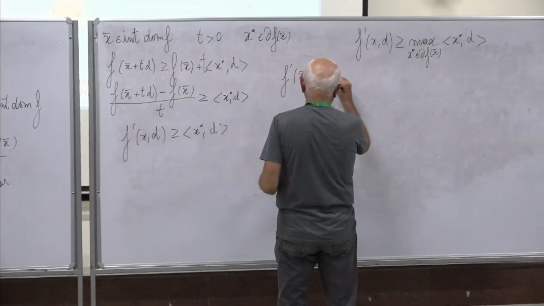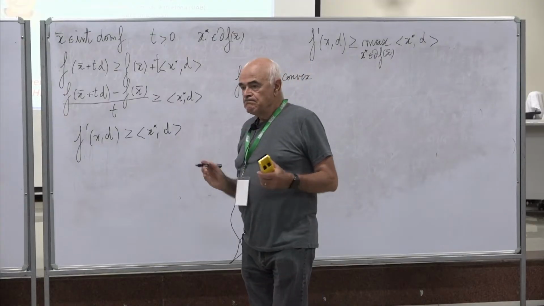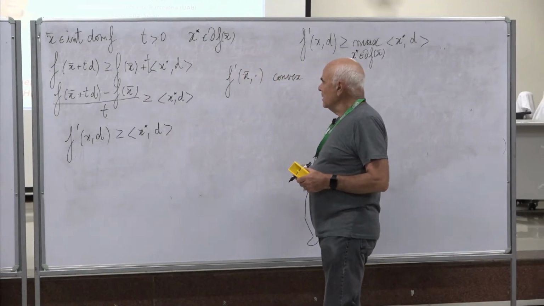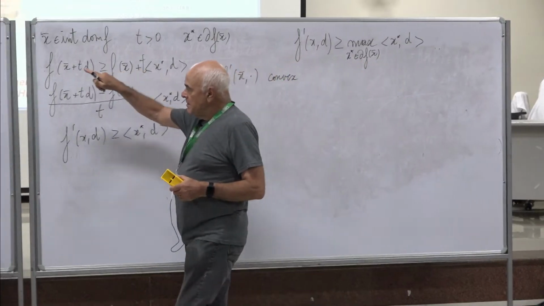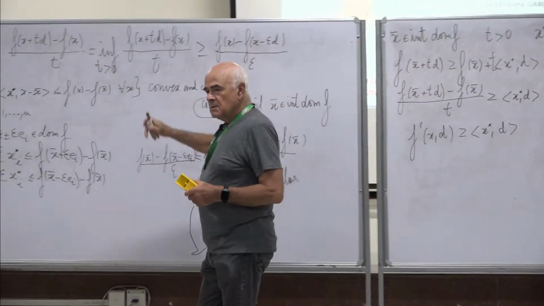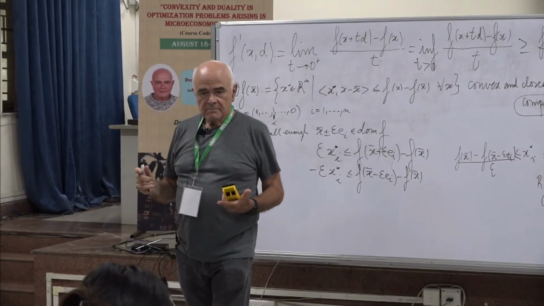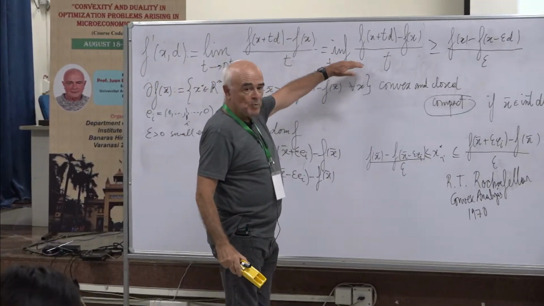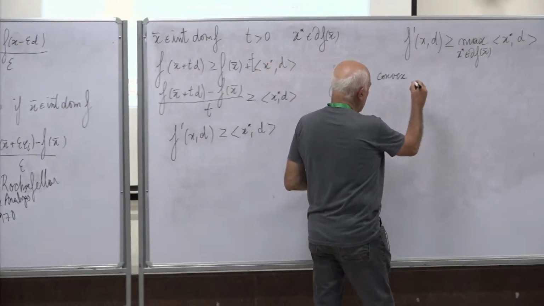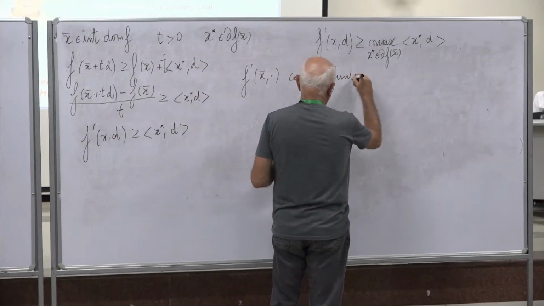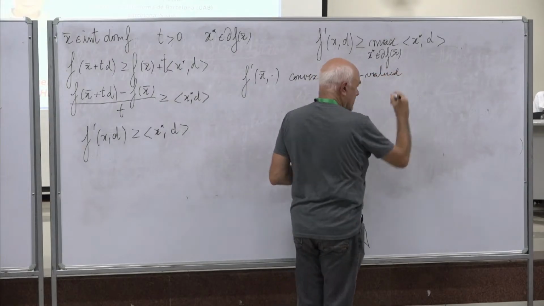And as we have seen, actually twice, it is finite valued, because this infimum is finite. So it's finite everywhere.